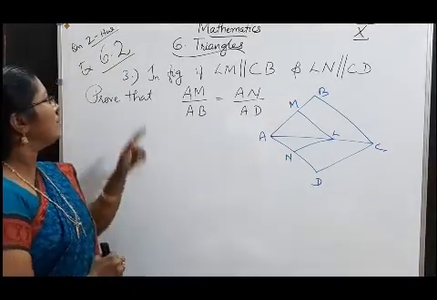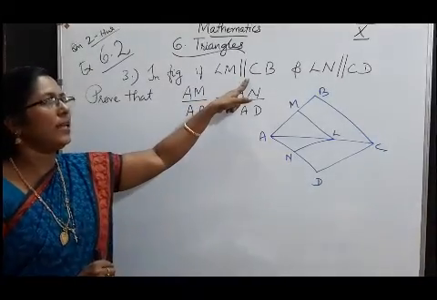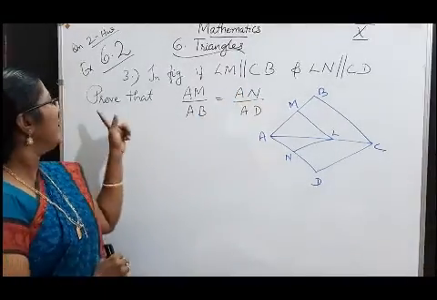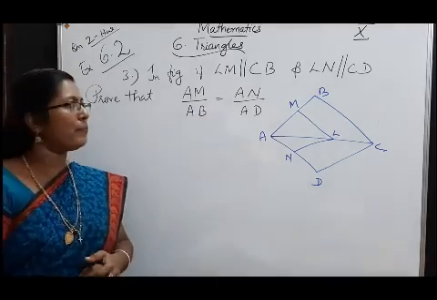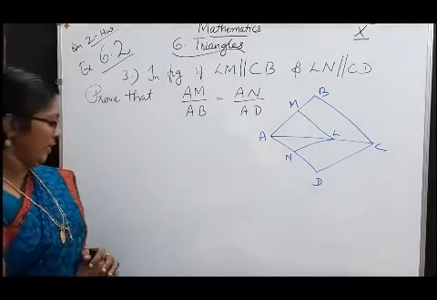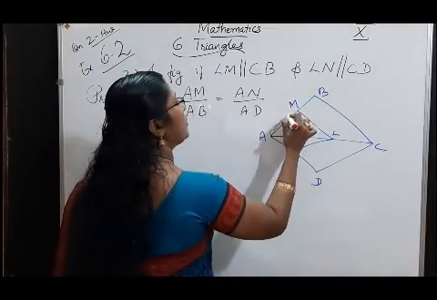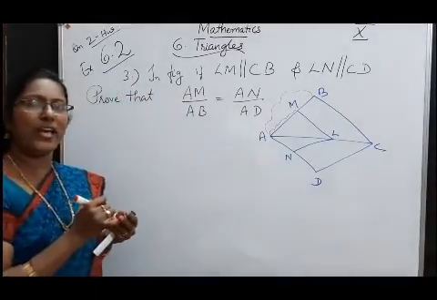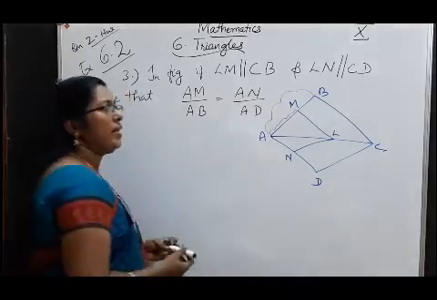Then question number 3. In the figure, if LM is parallel to CB and LN is parallel to CD, prove that AM by AB equals AN by AD. Here we want to prove AM by AB, the part and the whole.